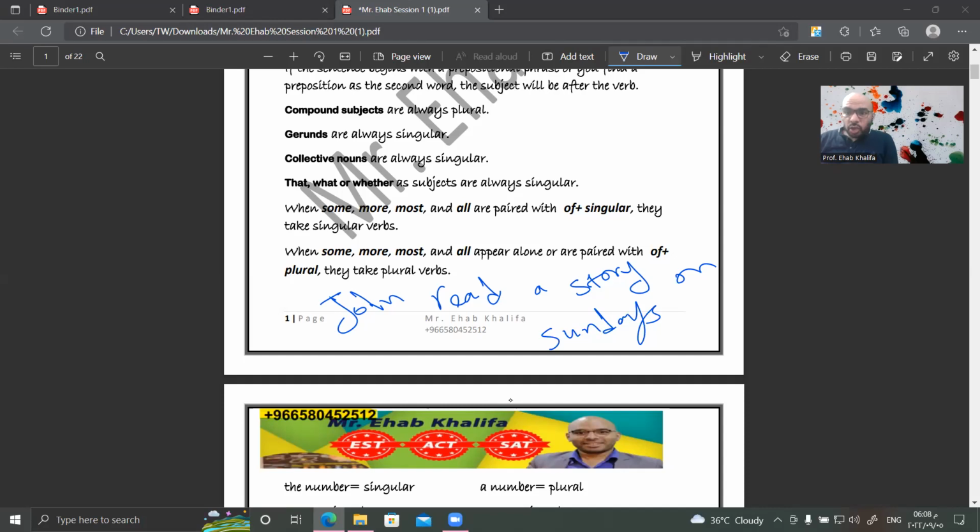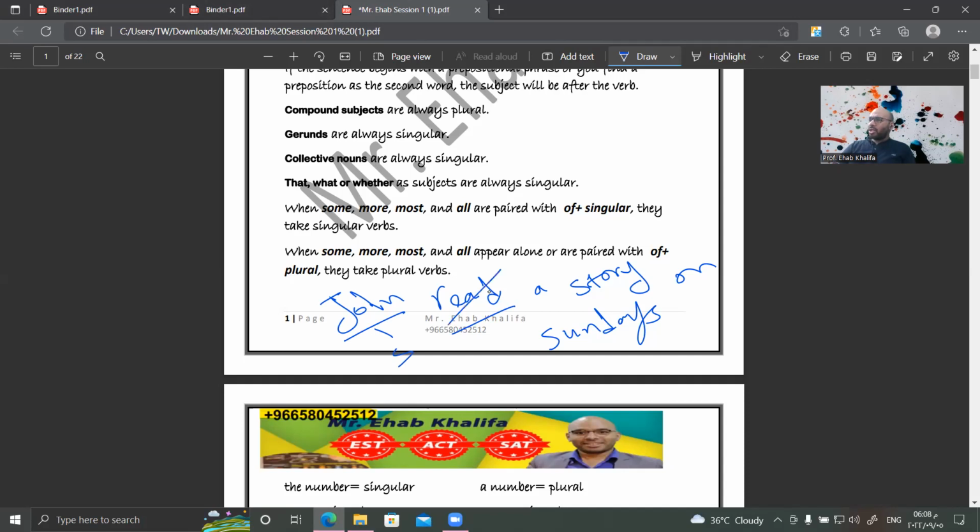So it is easy to figure out the mistake, right? Because John is singular, read is a plural verb. So we have disagreement now between the singular subject and the plural verb that is totally incorrect. Very easy to figure out.